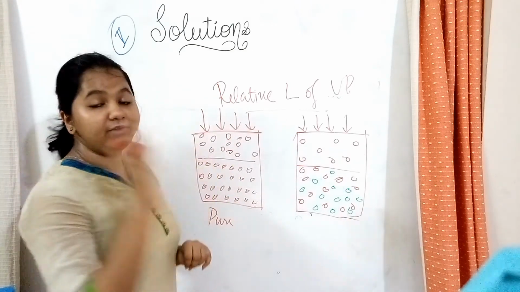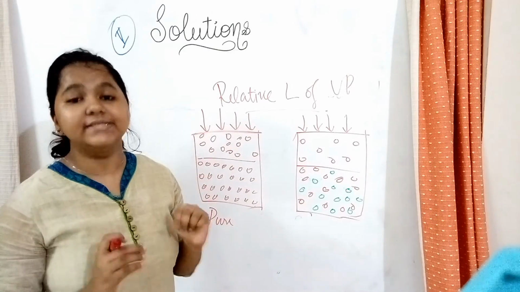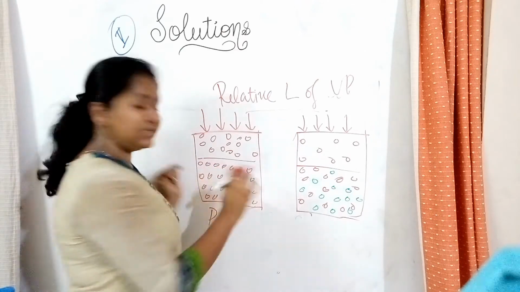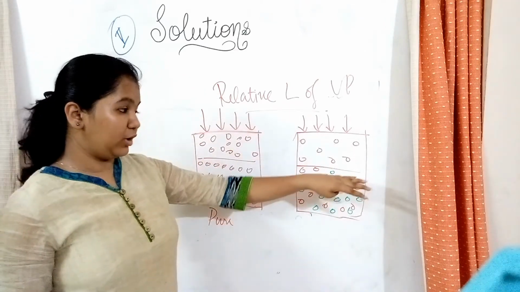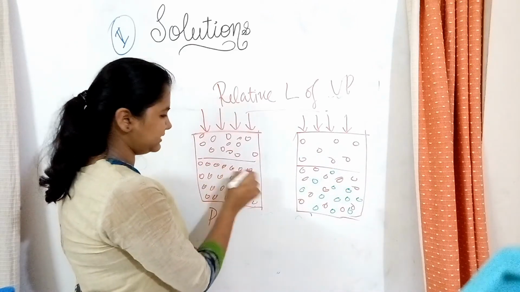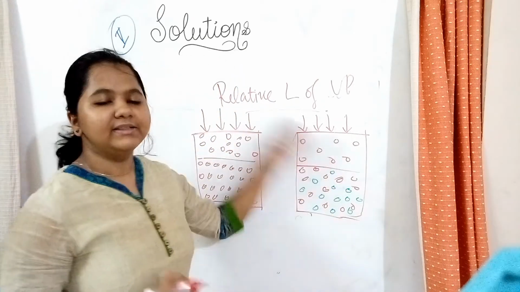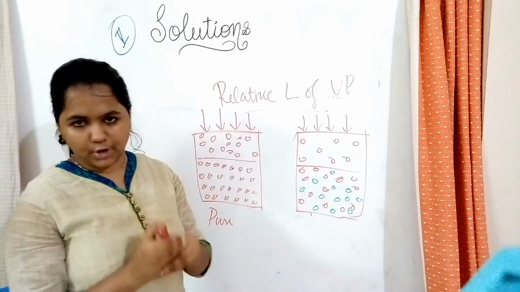We all learned in our earlier classes that evaporation is a surface phenomenon. See the number of molecules on the surface of A and the surface of B. There are 1, 2, 3, 4, 5, 6, 7 over here and only 2 over here. In the same way, there is a difference because there are more particles, and everything has to be accommodated.